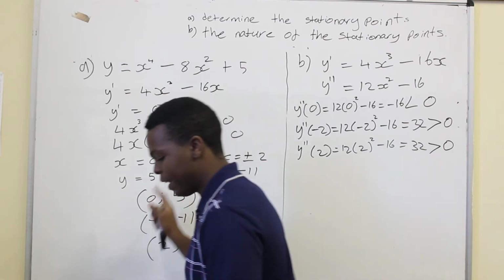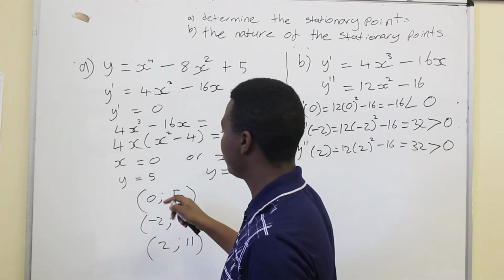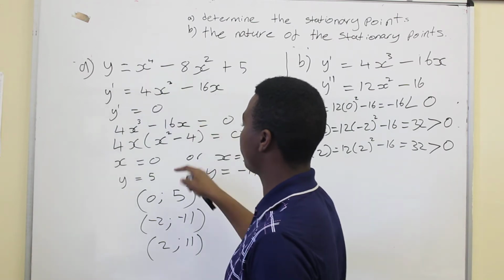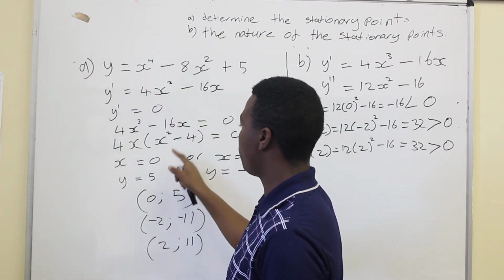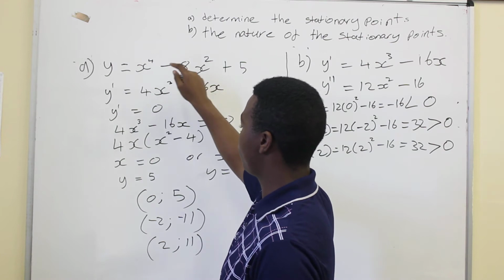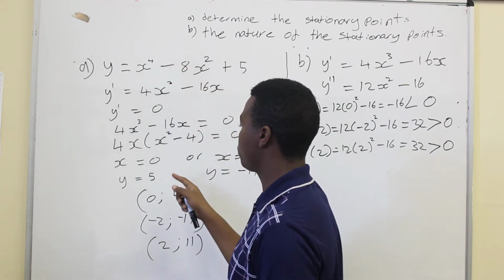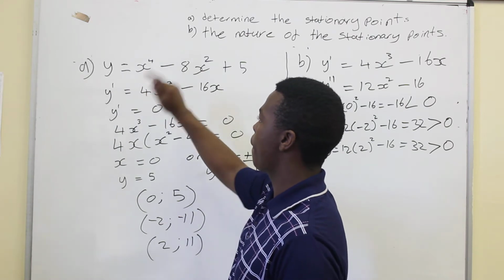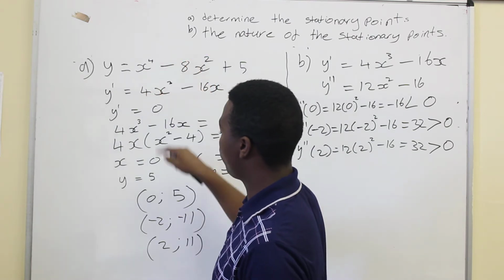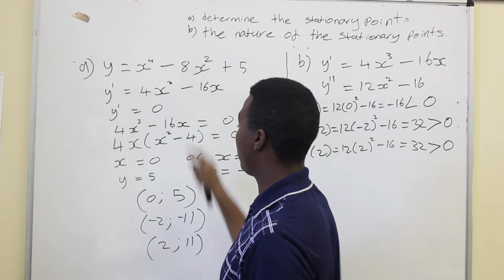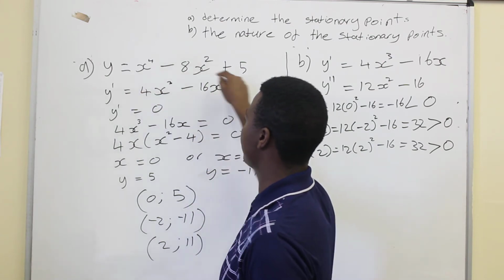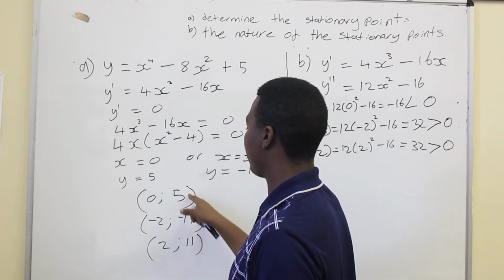After that, I must now find the y values of the function. So I go back to the original function, where I substitute my values for x. When x is 0, my y was 5. It was just a matter of substituting: where there is x, I put the 0. So I got 5.